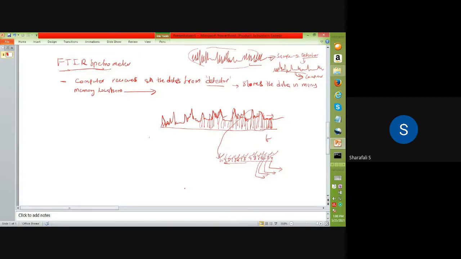After storing all this data in the time domain, the computer system will convert it into the frequency domain by using the Fourier transform technique.